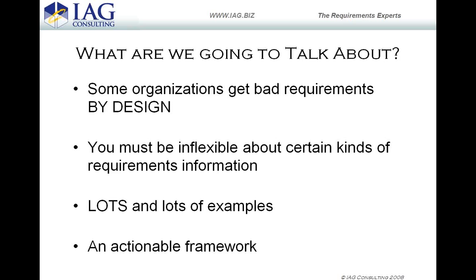But some organizations really do get very, very bad requirements by design, and so you need to be inflexible about certain kinds of information. What I mean by that is inflexible in terms of making sure that certain information is included, but also inflexible about making sure that certain information is always excluded from your requirements documentation.